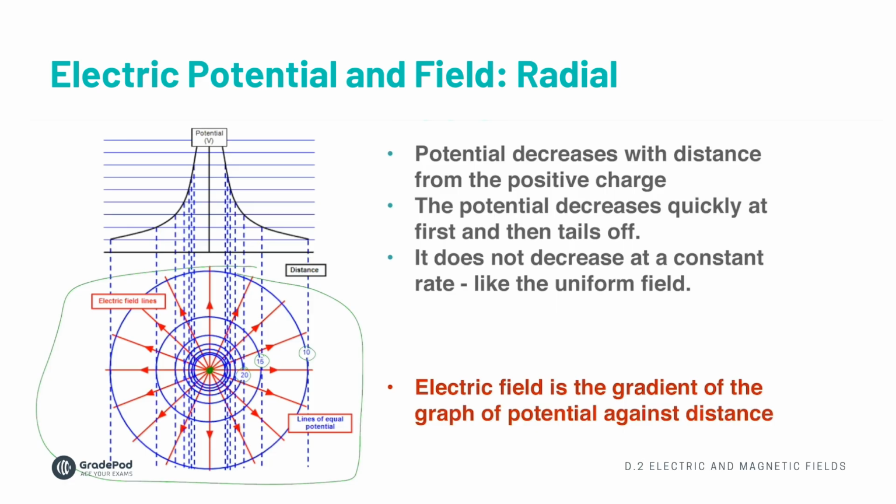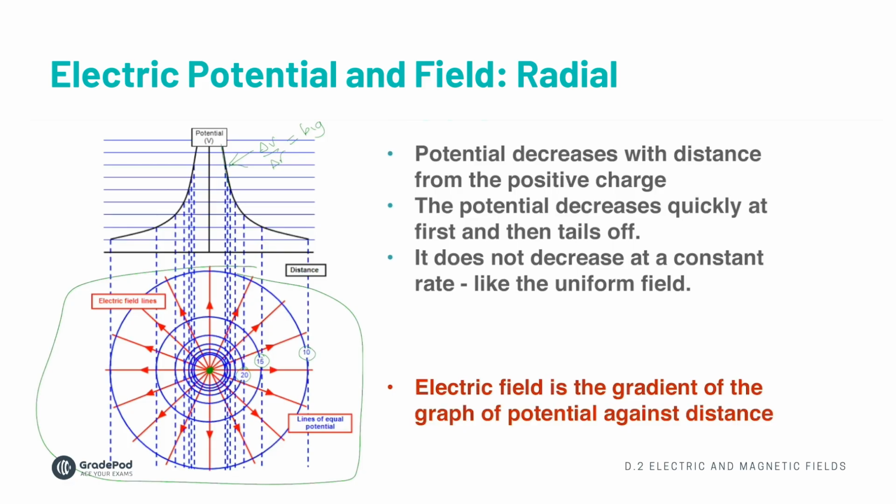It's not quite as easy to draw the potential versus distance graph horizontally, so I've drawn them vertically here. And what you can see is with distance from the point charge in the middle, the potential decreases very quickly. There's a large rate of change there. The gradient is big.